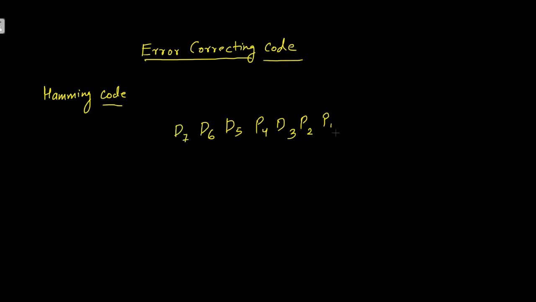So the total is 7. Here the D bits are the data bits and the P bits are the parity bits.